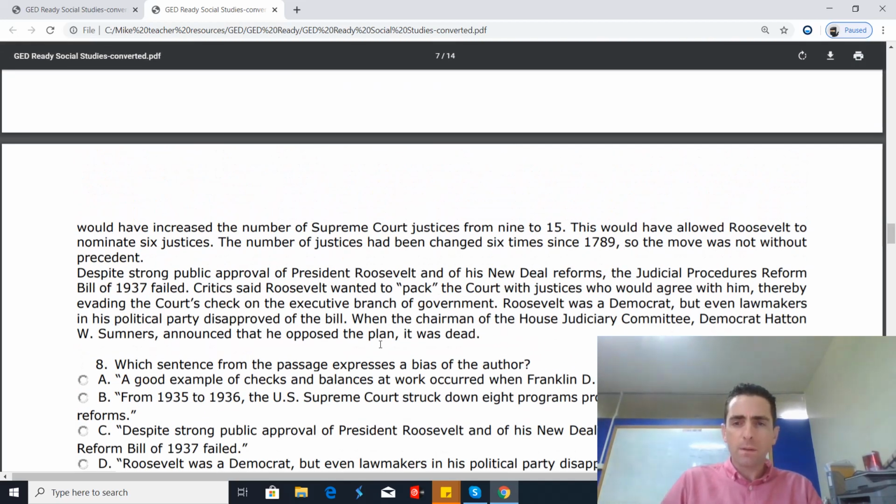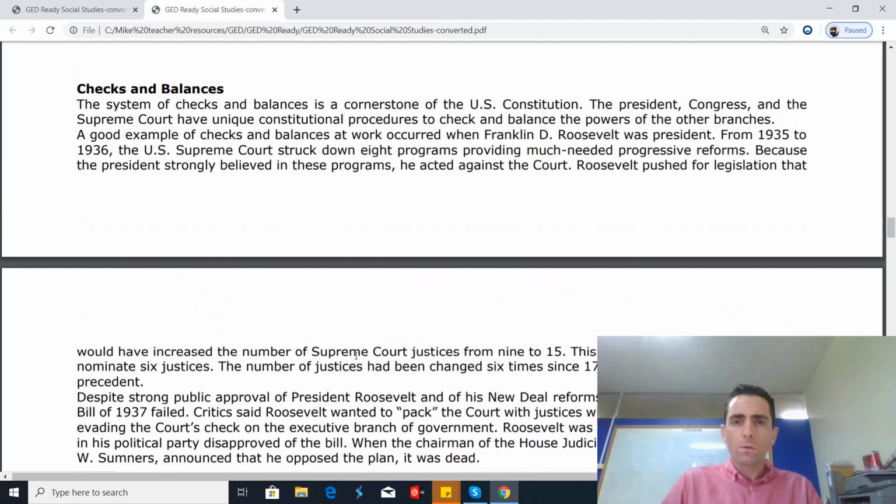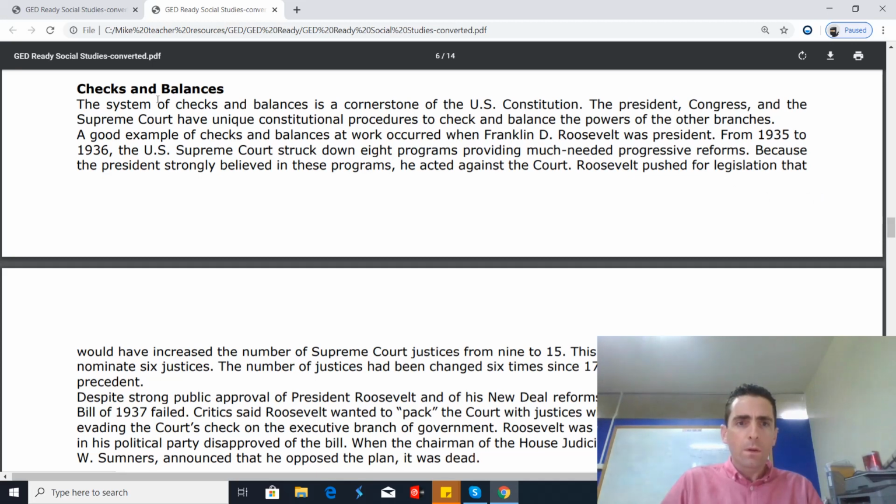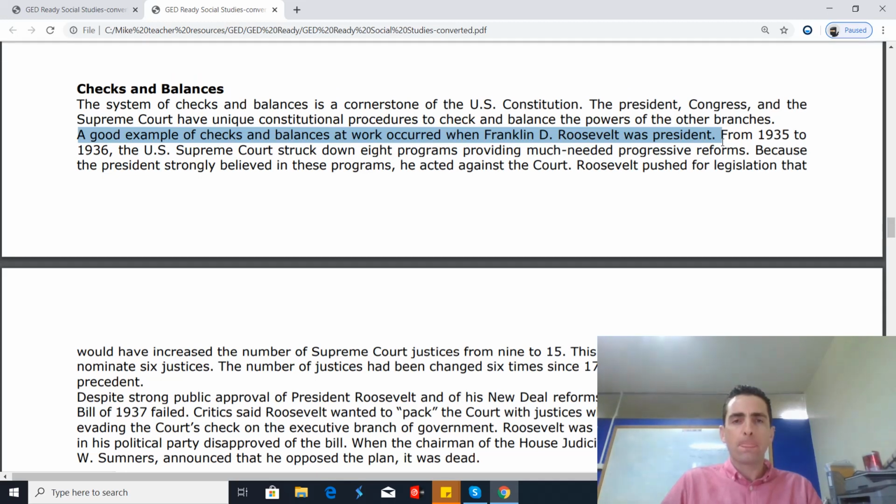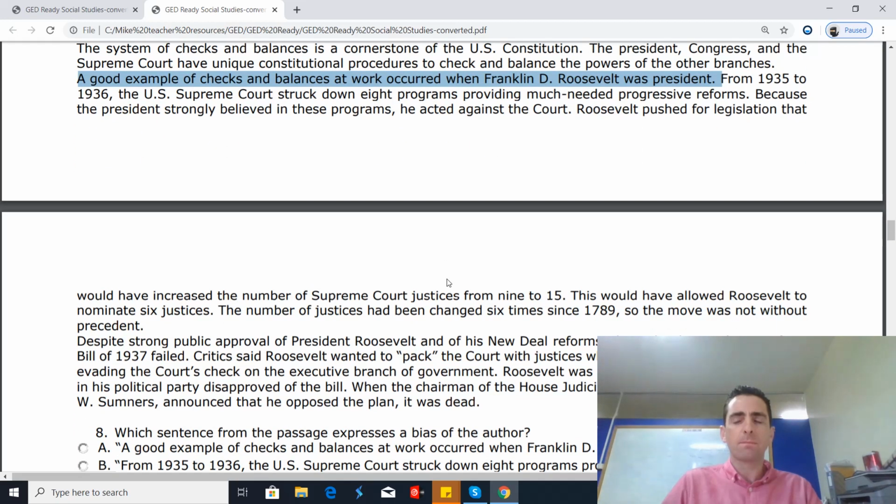Let's just find this bit in the passage here. I want to find A in the passage. Oh, here. Okay, so a good example of checks and balances at work occurred when Franklin D. Roosevelt was president. Yeah, I think that's the bias there.